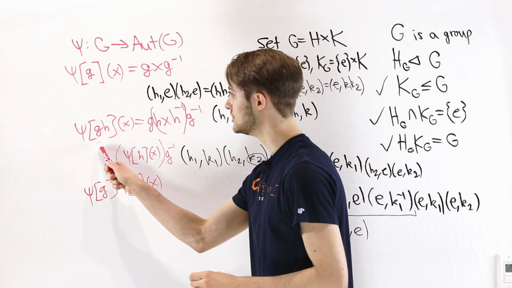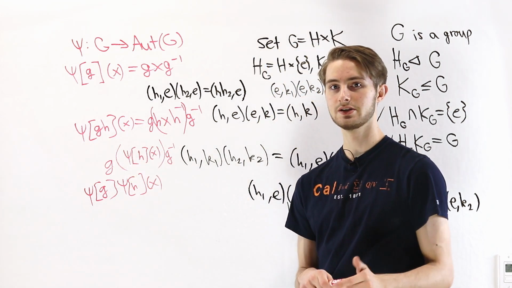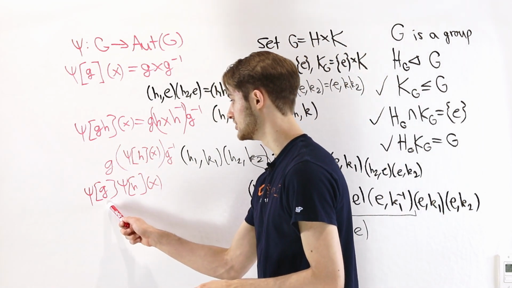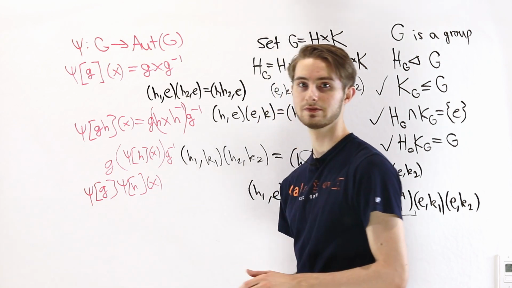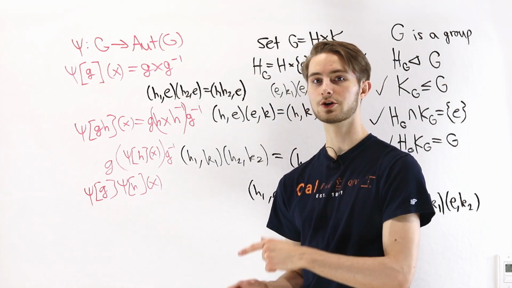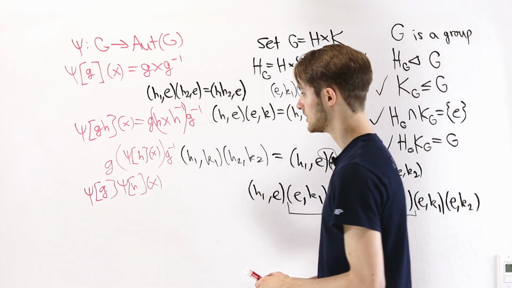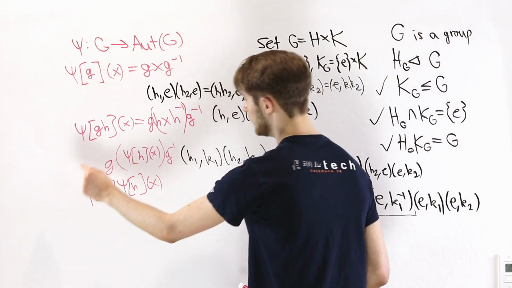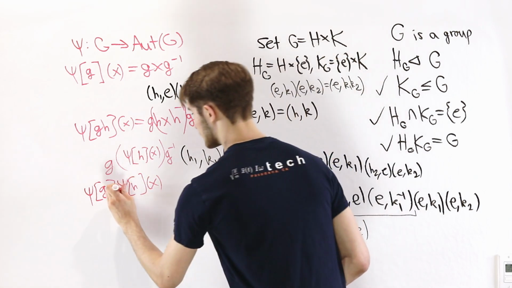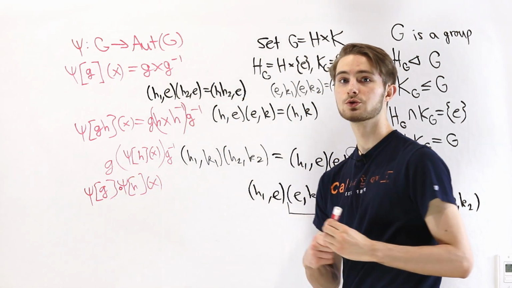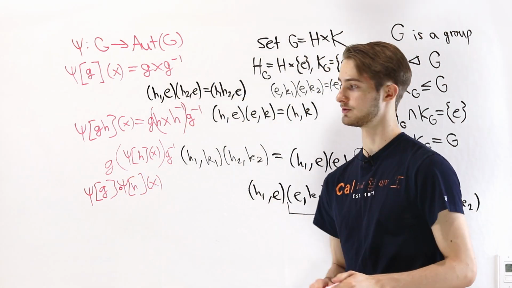Notice psi of GH applied to X is the same thing as psi of G applied to psi of H of X. Remember that in the automorphism group, the group law is composition. So when we say psi of G of psi of H, this composition operator is really group multiplication in the automorphism group.